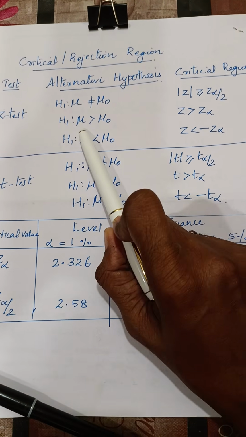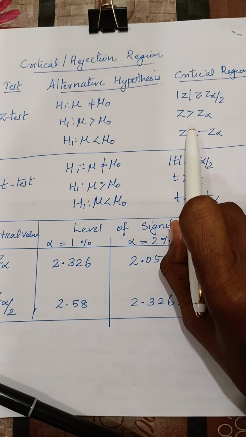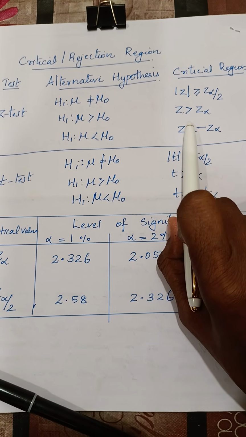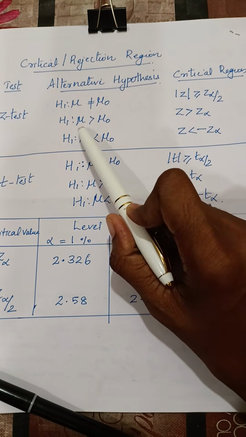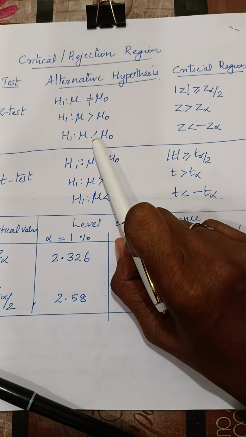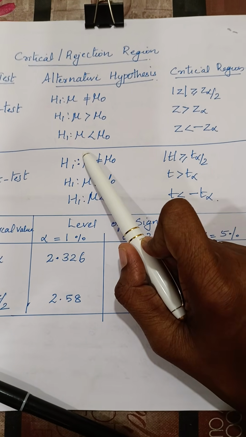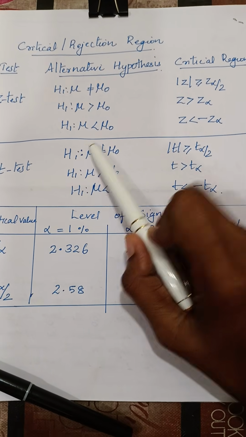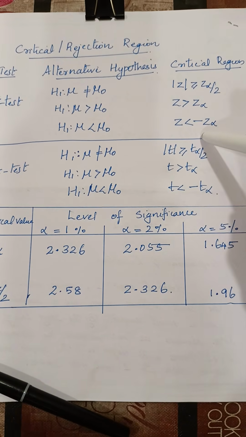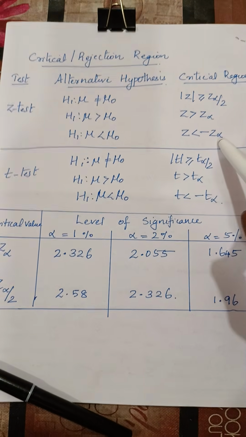And if mu greater than mu naught, our rejection region will be Z greater than Z alpha. So you can decide this by looking into your alternative hypothesis. And if the alternative hypothesis is H1: mu less than mu naught, Z less than minus Z alpha will be your rejection region. This is the case of the Z test.